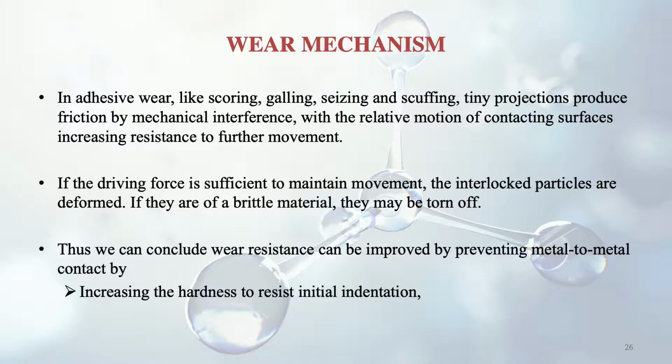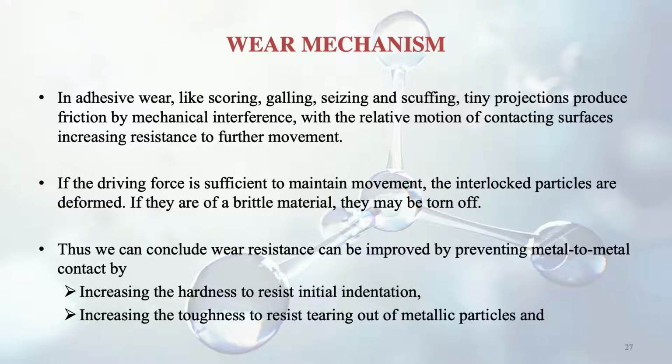So how can this be done? Here there are certain points. First, by increasing the hardness to resist initial indentation. We know hardness is the tendency to resist abrasion. So if hardness is increased, the initial abrasion or indentation may not take place. Second, increasing the toughness to resist tearing out of metallic particles.